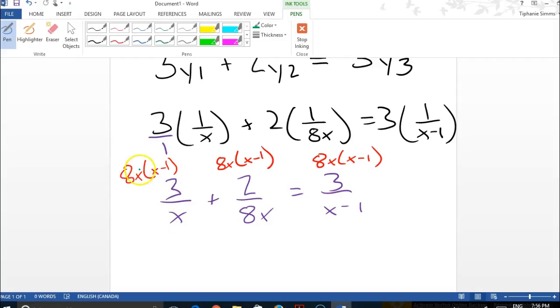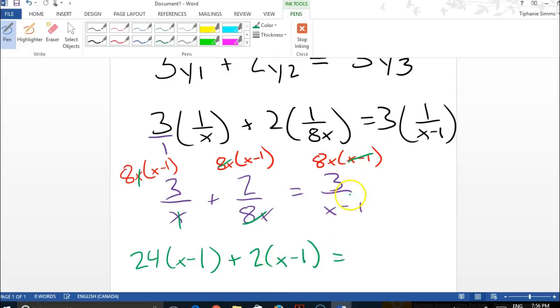So when I look here, the x's are gone. I have 8 times 3, which is 24, times x minus 1. I'm just going to use brackets. You could do that all in one step if you want, but it's a little bit hard on the head. Plus sign. 8x and 8x are gone, so I have 2 times x minus 1. That's all I have left.